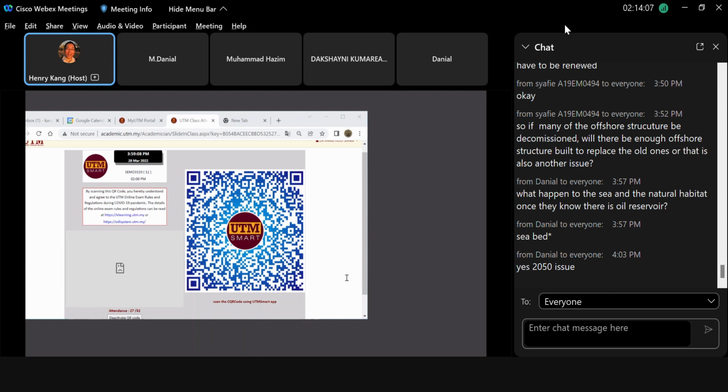During oil and gas production, they also generate a lot of carbon dioxide. Long time ago they just released the carbon dioxide to the atmosphere.